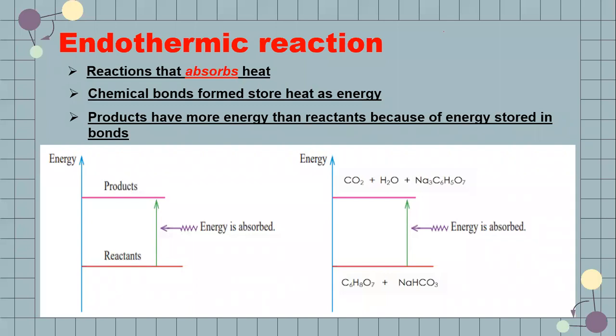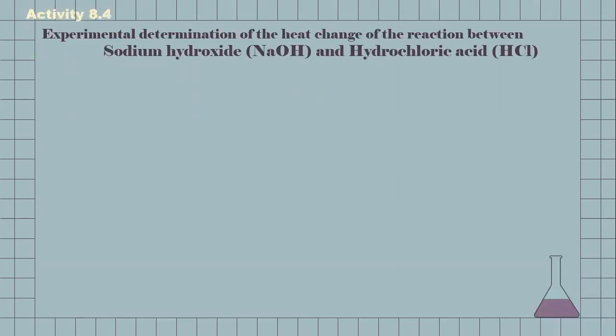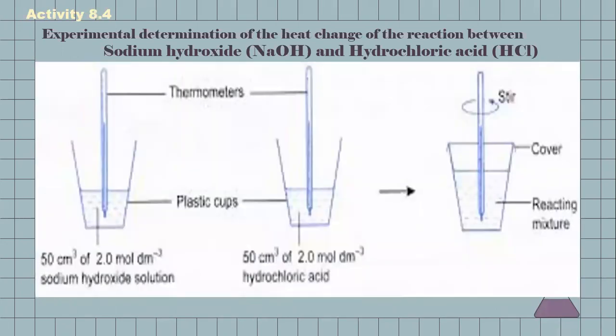So how do we measure how much energy is lost or absorbed during a chemical reaction? Right. So let's do this experiment to find out energy change quantitatively during a chemical reaction.